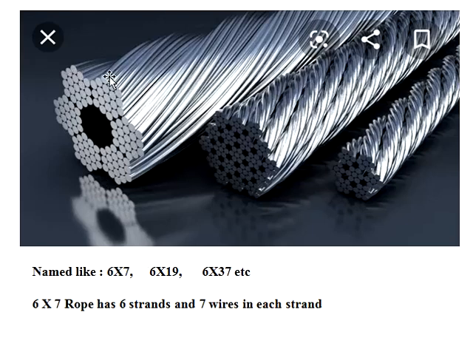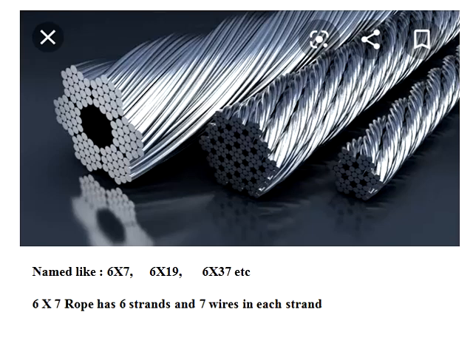So if you count the strands here: first, second, third, fourth, fifth and sixth. There are 6 strands, and if you count the wires in each strand, there are 19 wires. So this is a 6 into 19 type. Similarly, there can be 6 into 7, 6 into 37, etc.